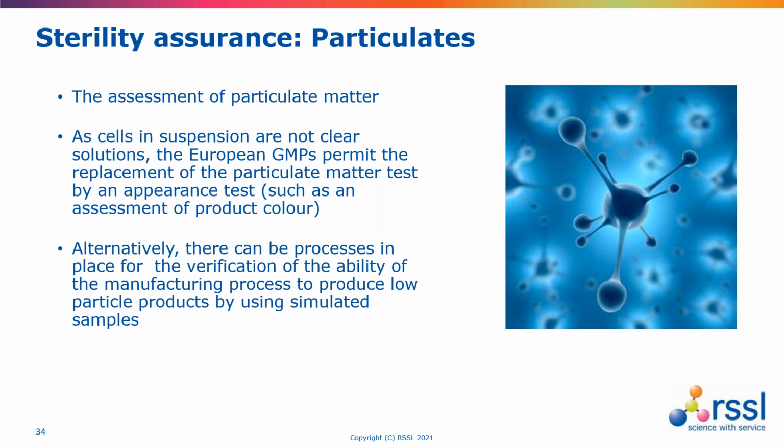So this could be the test for bacterial endotoxins, or it could be the need to expand that net further with a wider test for pyrogens, as with the monocyte activation test.